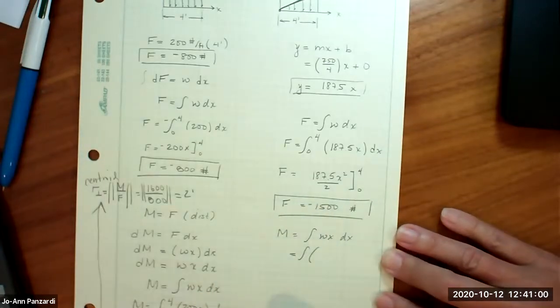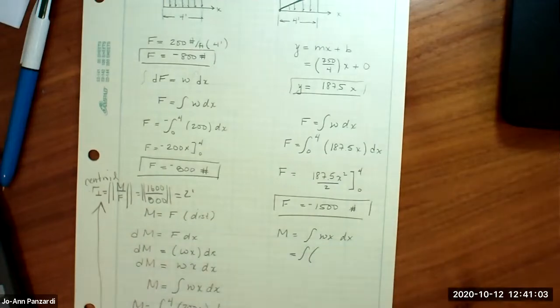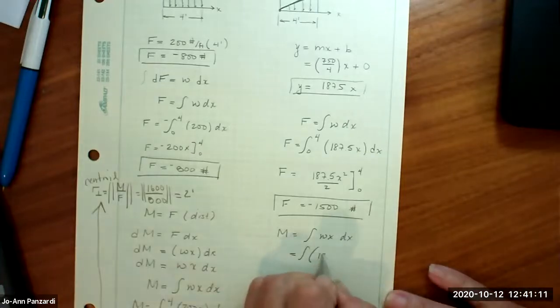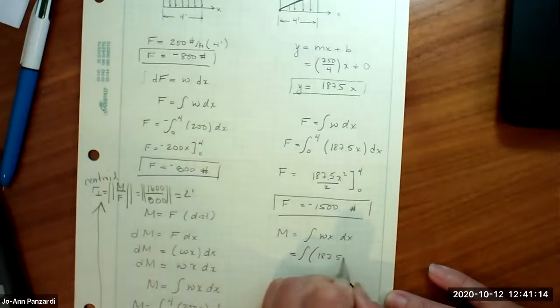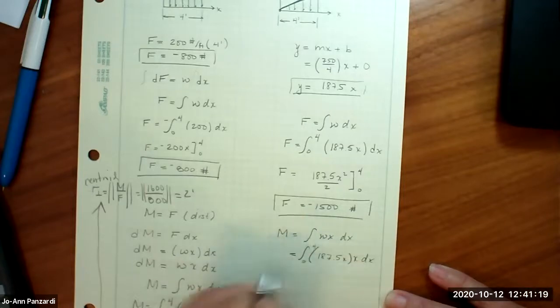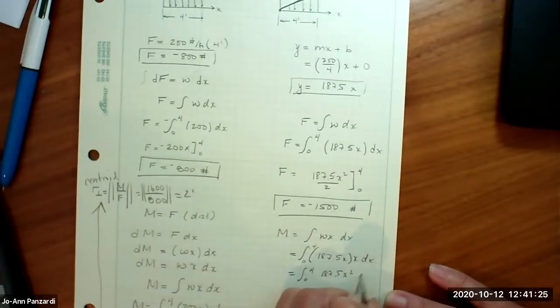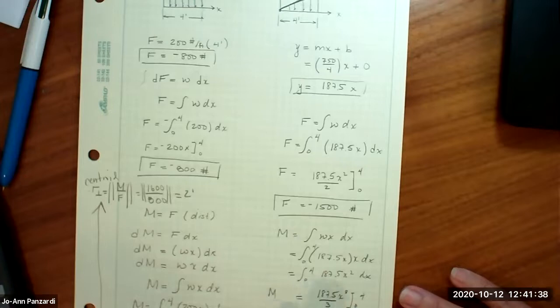And W in this case is 187.5x times x dx, and I'm going from 0 to 4, 187.5 x squared dx, so it's 187.5 x to the third over 3 evaluated from 0 to 4, and the moment turns out to be 400 foot-pounds.